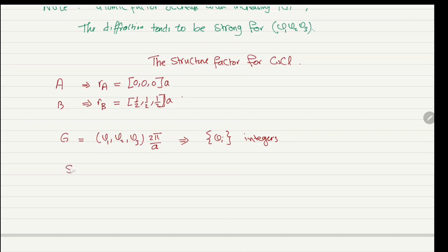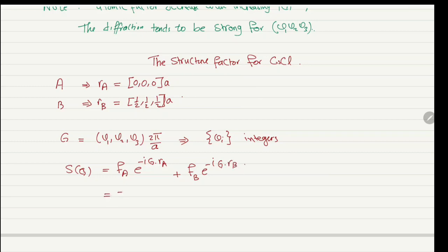Therefore, the structure factor is equal to the form factor for atom A e to the minus i G dot R_A, plus the form factor for atom B e to the minus i G dot R_B.